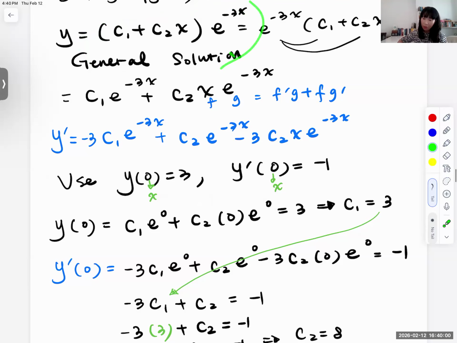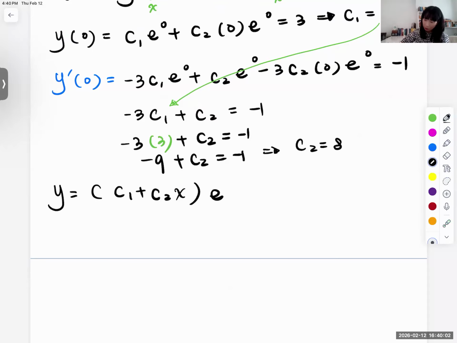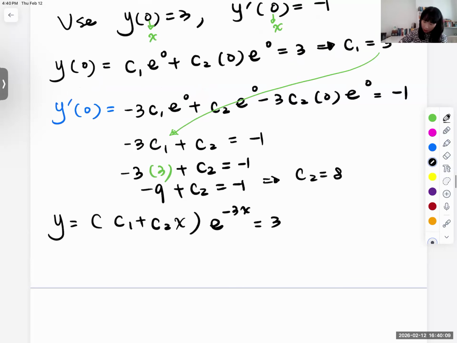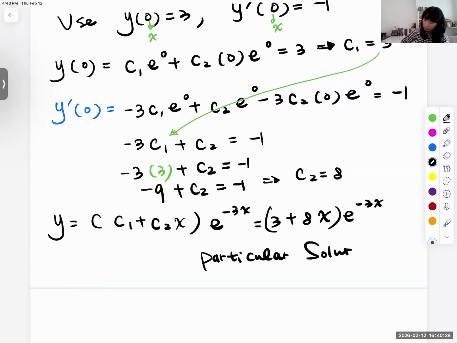So e to the negative 3x, which is c sub 1, we have 3, and plus c sub 2, which is 8x, and e to the negative 3x, yeah? That will be the particular solution, yeah? Make sense? Very good.